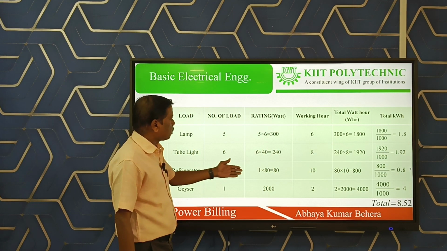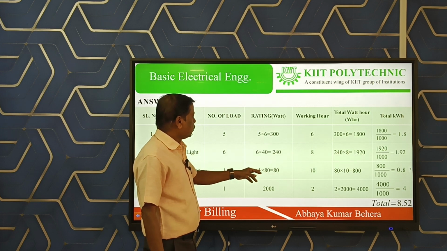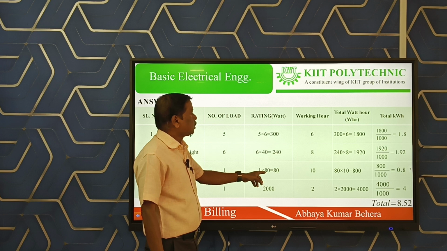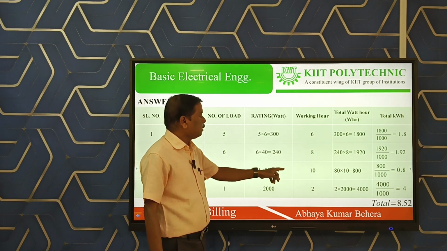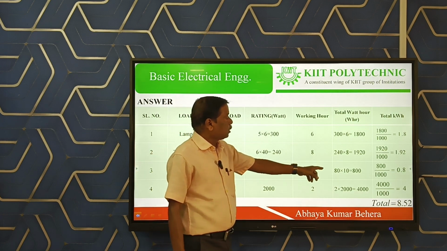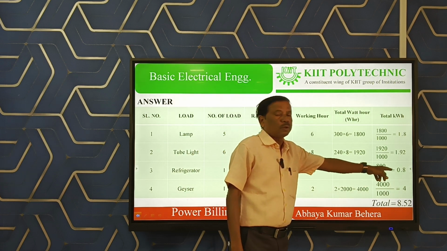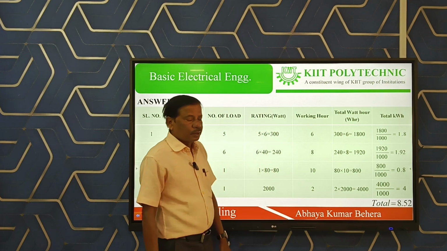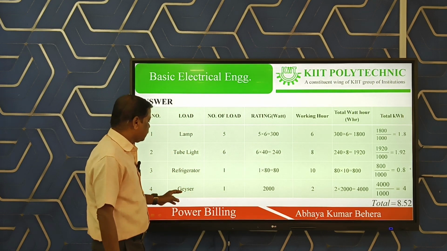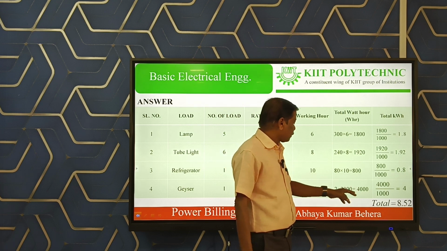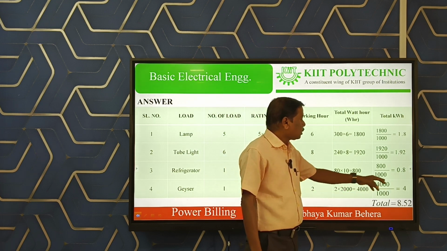Like this, refrigerator also: one refrigerator, number of loads into power rating, that is 80, used for 10 hours, that will become 800. 800 divided by 1000, 0.8 kilowatt hour. Then geyser, similarly, we have 2000, 2 into 4000 watt hour, that is 4 kilowatt hour.